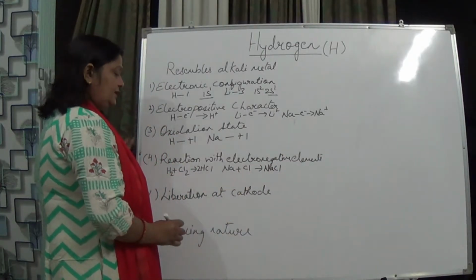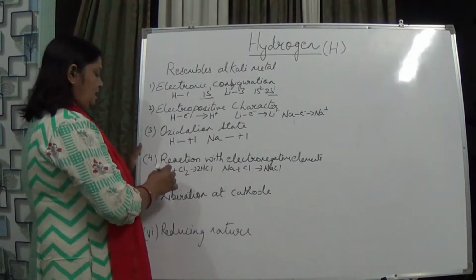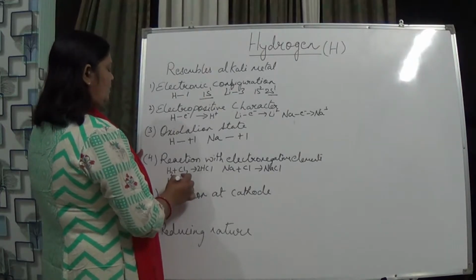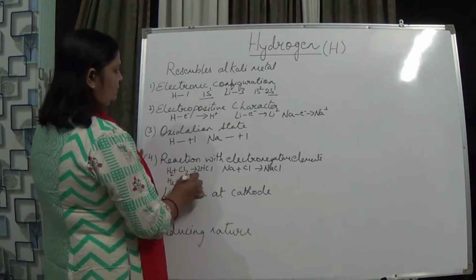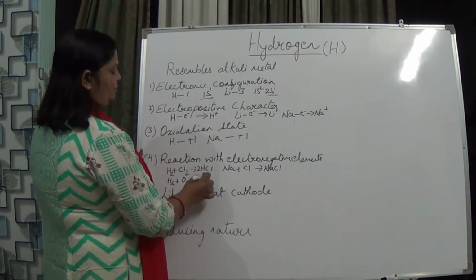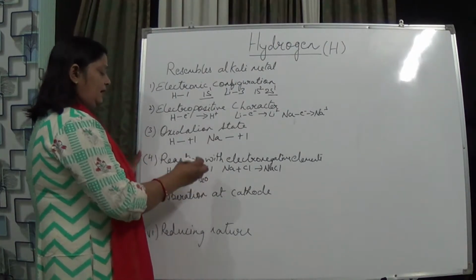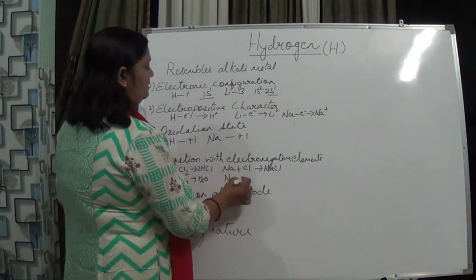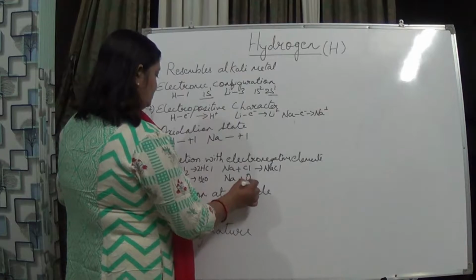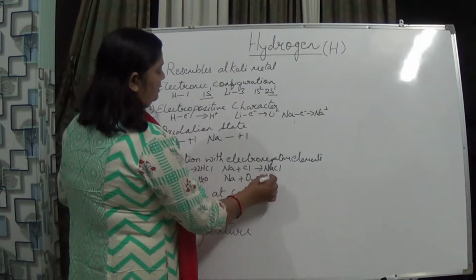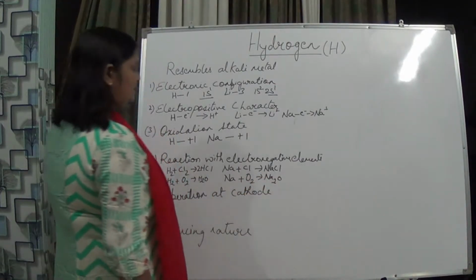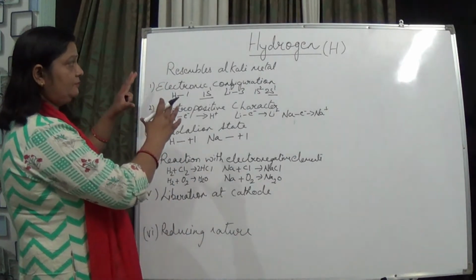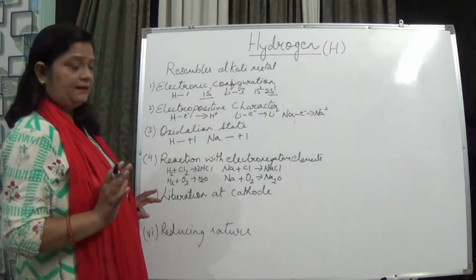Likewise, hydrogen can react with oxygen to give H2O, and sodium can react with oxygen to give Na2O. So you are seeing similar reactions in the case of hydrogen as well as the alkali metals.